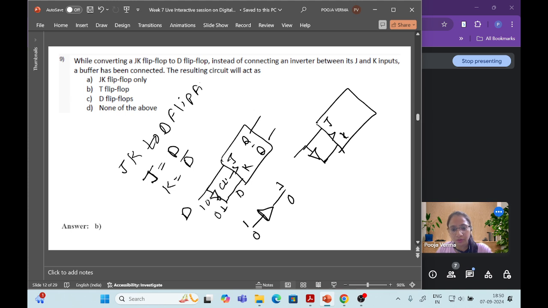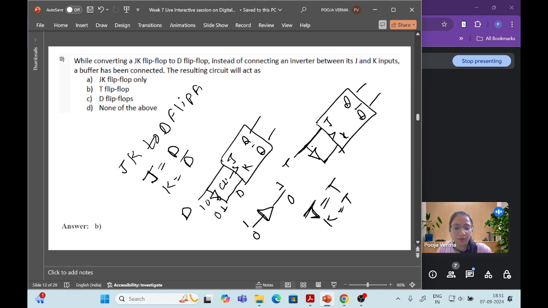So we can say that in a JK to T conversion, you have seen that J is equal to T and K is equal to T. So if, instead of connecting the inverter, we connect the buffer, then it will act as a T flip-flop, because in the JK to T conversion, both inputs are the same.